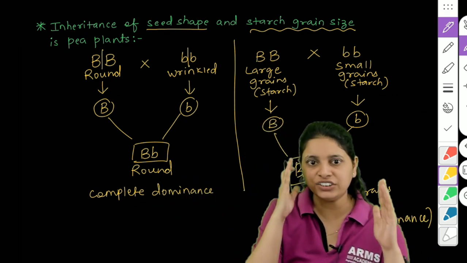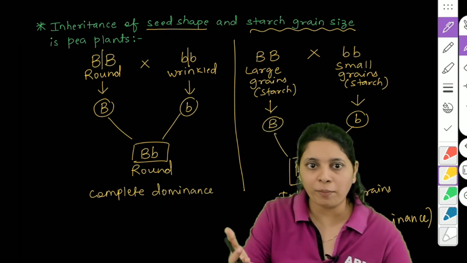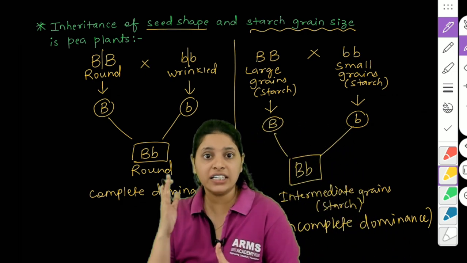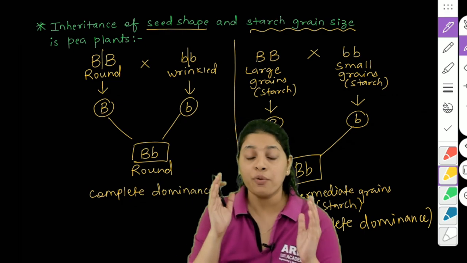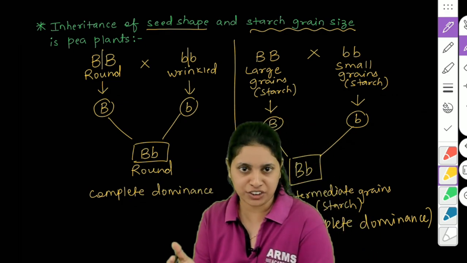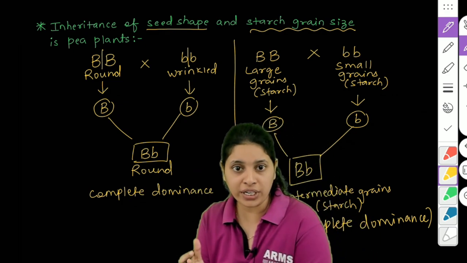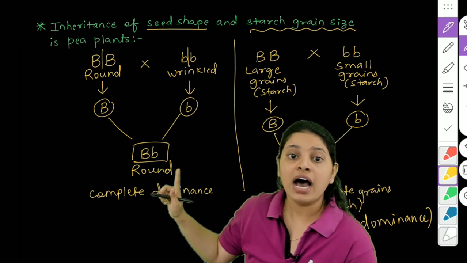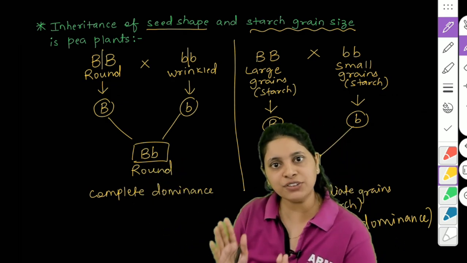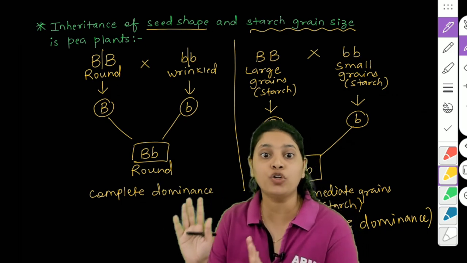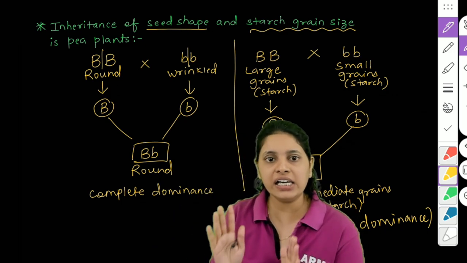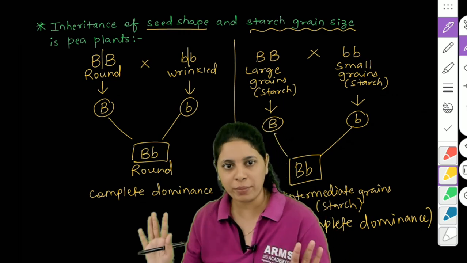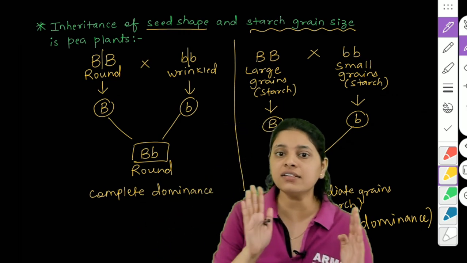That sequence is not dominating, but we decide which character is dominant and which is recessive based on the character expressed. So we look for the phenotype. In this case, the hybrid plant has round shaped seeds, and that is why we say that round shape is dominant. Which allele controls round? Capital B. So we simply refer to it as the dominant allele, but actually the character is dominant.